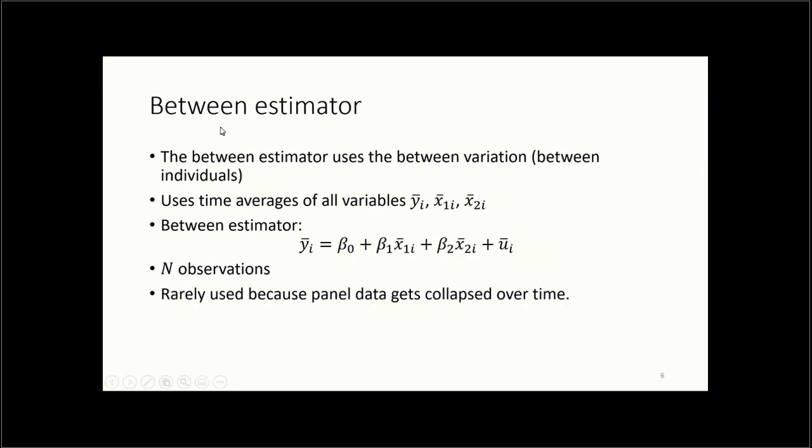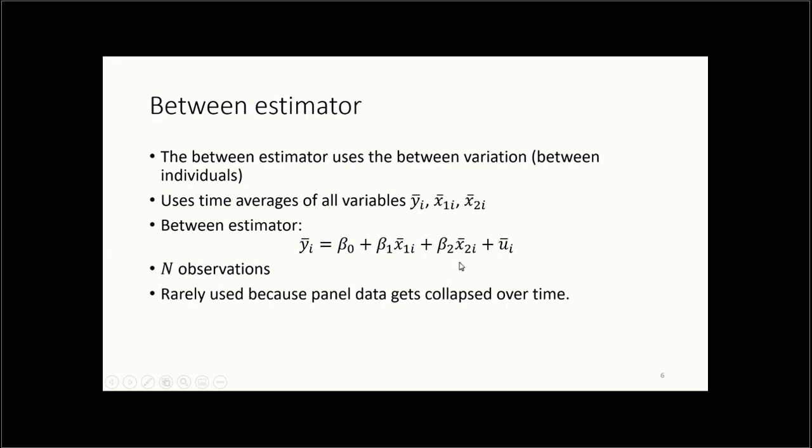The next estimator that we will consider is the between estimator. This estimator uses the between variation, that is between individuals. It uses the time averages of all variables. So instead of using the original variables, we would take the average of each of these variables over time. This is why there's no t subscript here, because this average is taken over time. This is how a between estimator would look. Notice that all the variables have a bar on top.